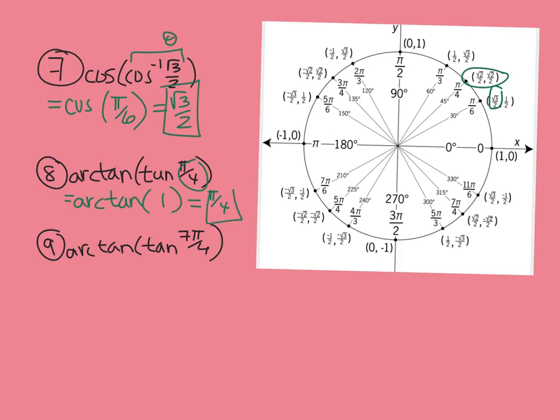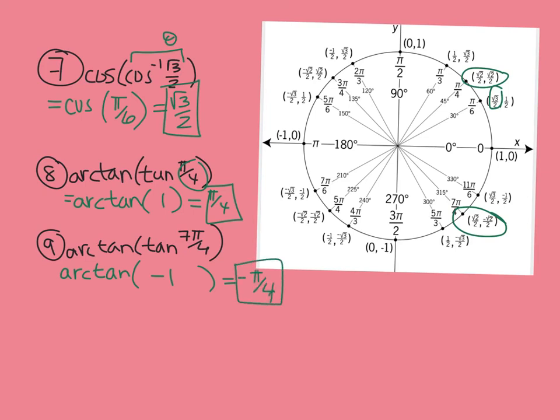Now, for number 9, this one's a little bit different. So we're going to do arctangent of tangent of 7 pi over 4. 7 pi over 4 is right down on this part of the unit circle. If you evaluate that, you get -1. Now, my answer is not 7 pi over 4. My answer is negative pi over 4.